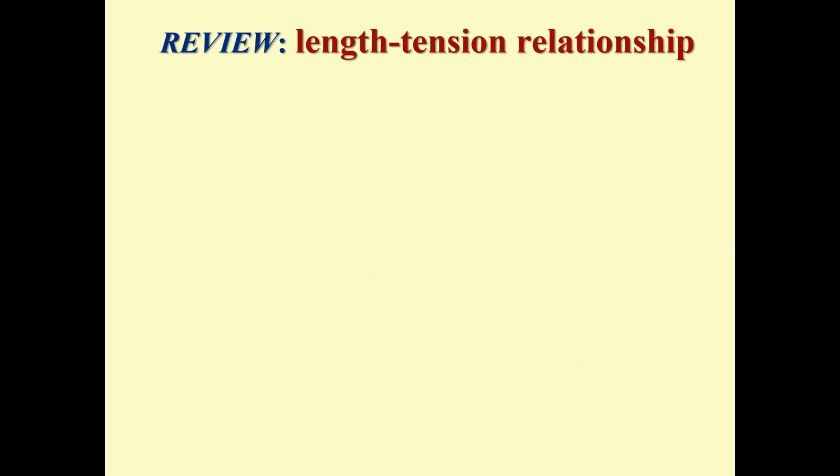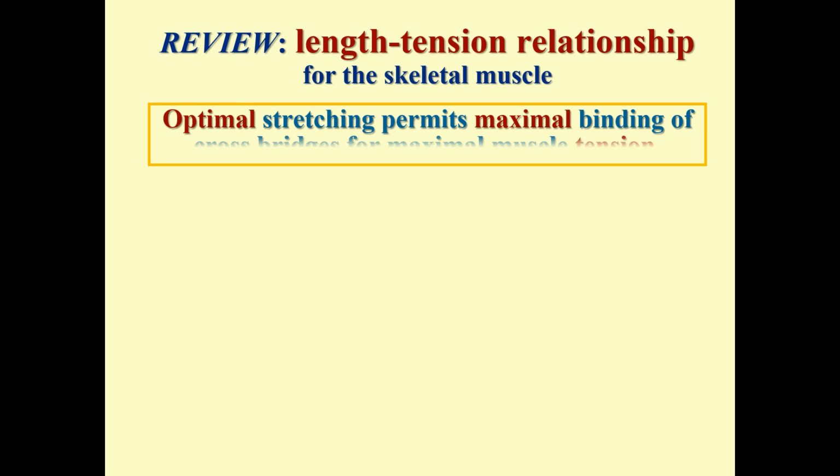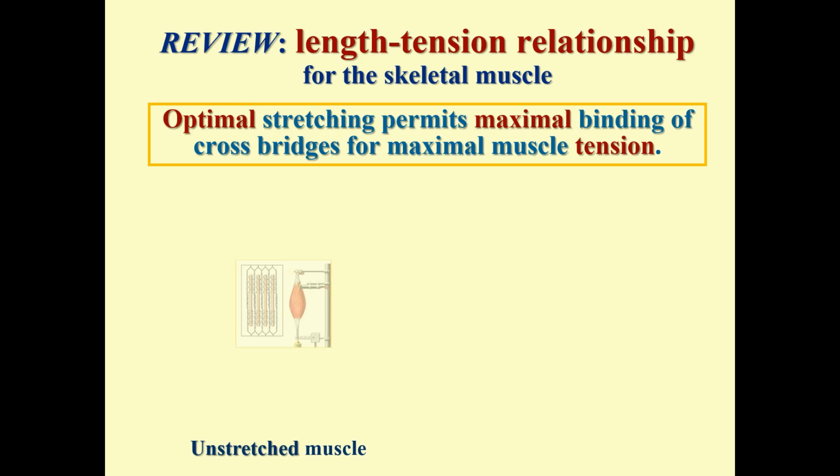To review this, let's recall length-tension relationship for the skeletal muscle. Practically, mechanism is the same. Optimal stretching permits maximal binding of cross bridges for maximal muscle tension. Of course, with words it's less easy to understand, but first you study this, and second we are going to see the pictures. And pictures explain this.